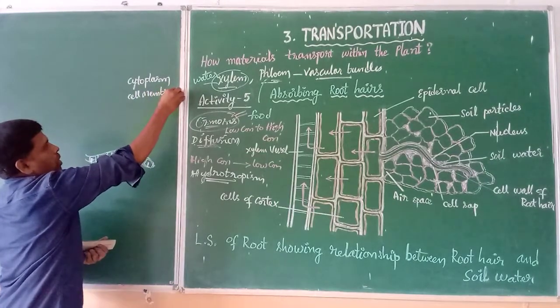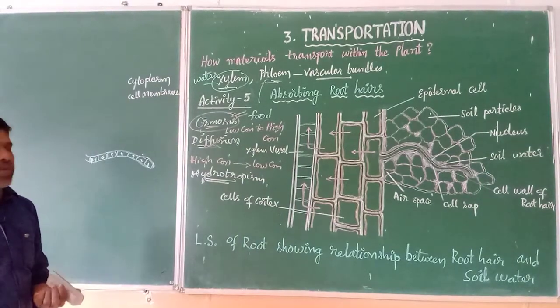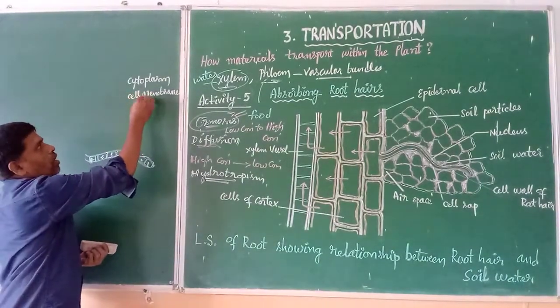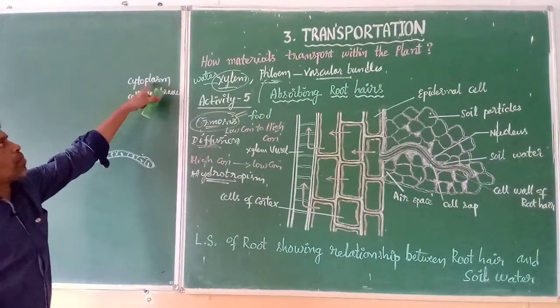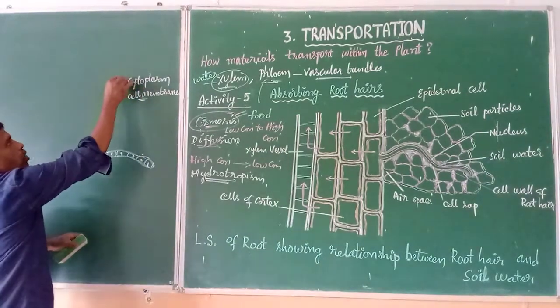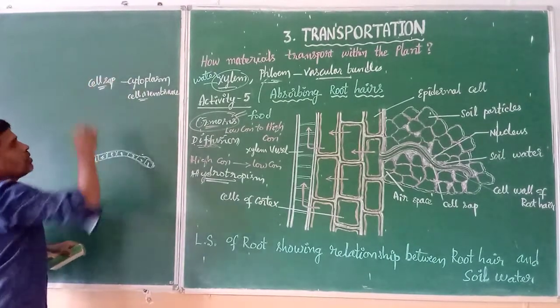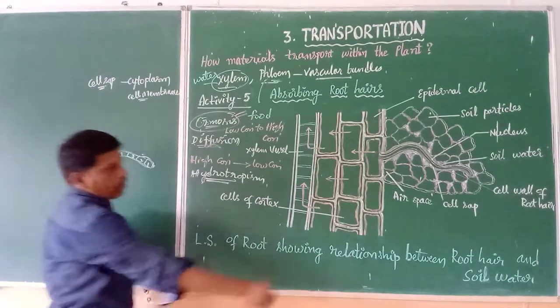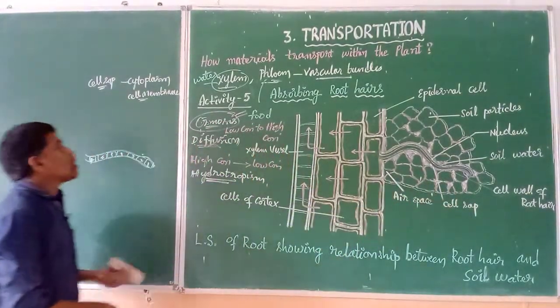Supply of nutrients, whether food materials or the movement of water, is all done by the semi-permeable membrane, which is called the cell membrane. The liquid present inside the cell is called cytoplasm. This can also be called cell sap. So the liquid present inside the cells is called the cell sap.